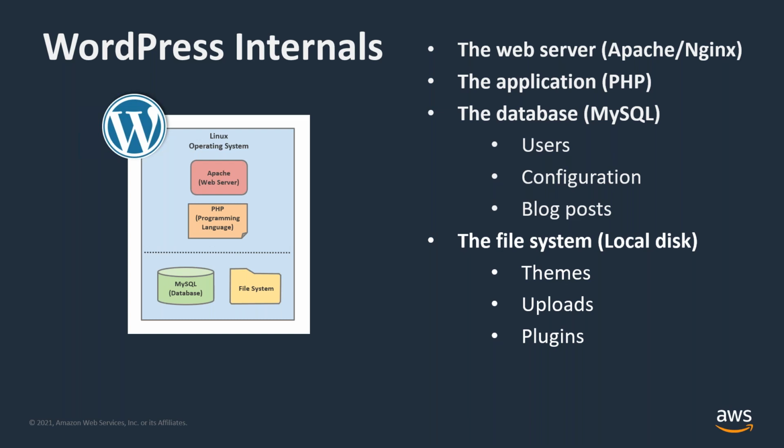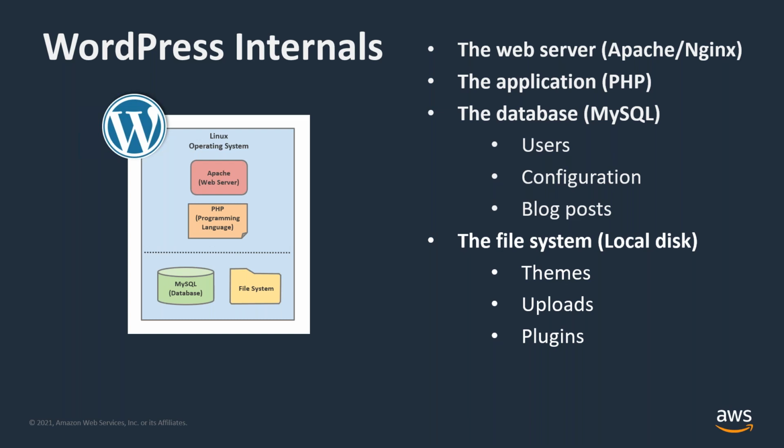One section is the part of the application that doesn't change very often, above the dashed line, and the part that changes more frequently is below the dashed line. The upper section includes the web server, Apache or Nginx, the application itself, the PHP application, and those things. Below the line are the database and the file system.